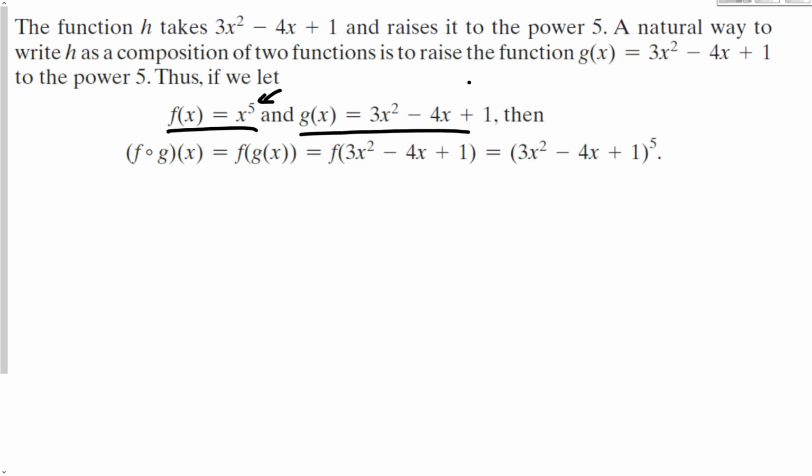X to a power, algebraic expression, and then if I put these two together as f of g of x, g into f, then I would have my original function back over. So the function h takes this 3x squared minus 4x plus 1 and raises it to the 5th power. A natural way to write h as a combination is to raise the function to the power of 5.